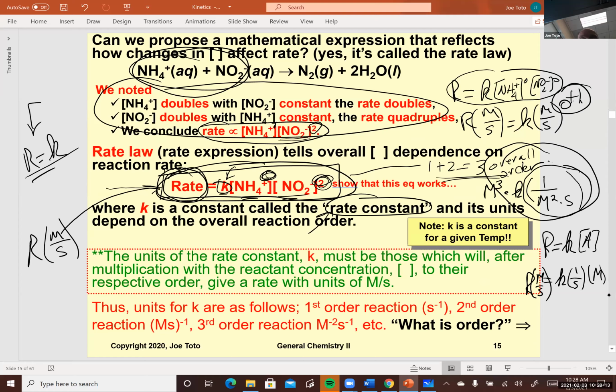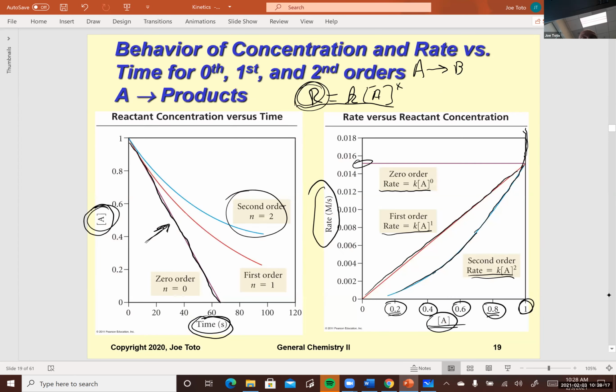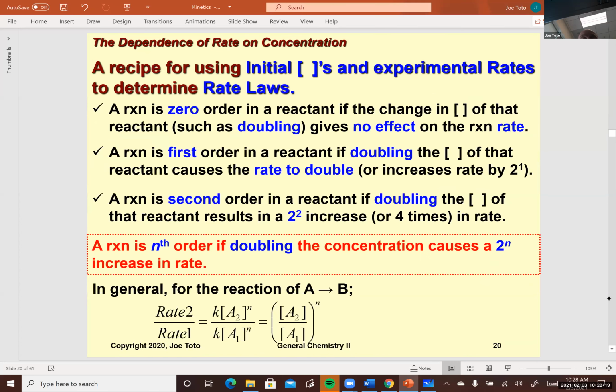So another way to find the rate laws from experiment is just to make ratios of those generalized rate equations and divide them out for one experiment to another.